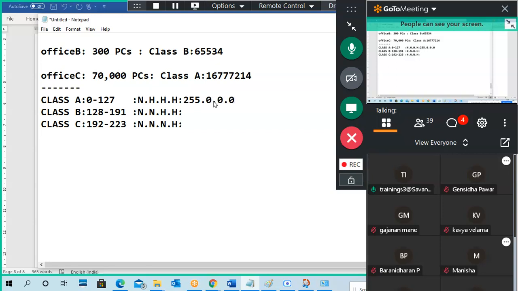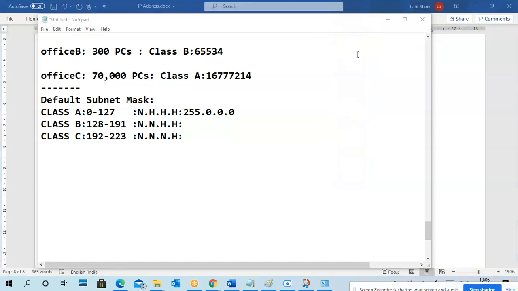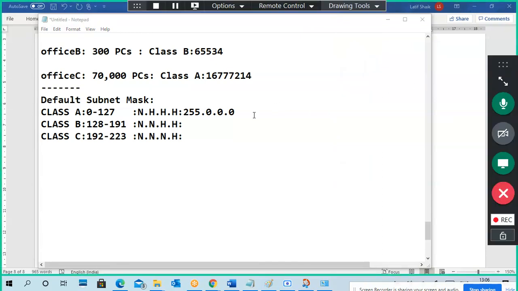So this is a default subnet mask. I'm writing "default" here because it can be changed. So what is a subnet mask? A subnet mask will tell you which part is your network ID. It calculates and gives you your network ID.